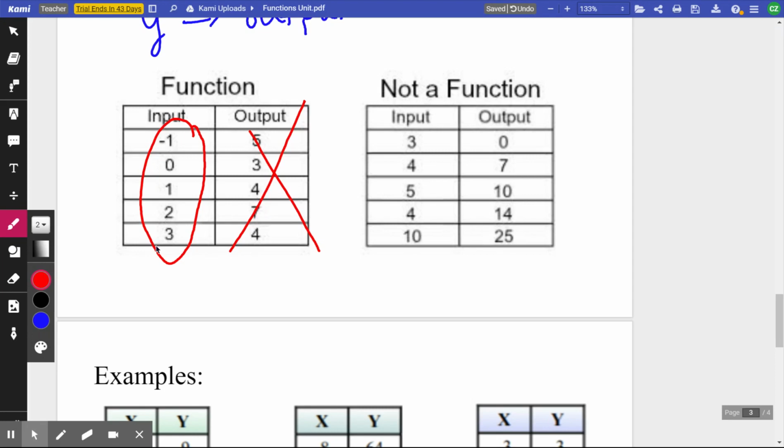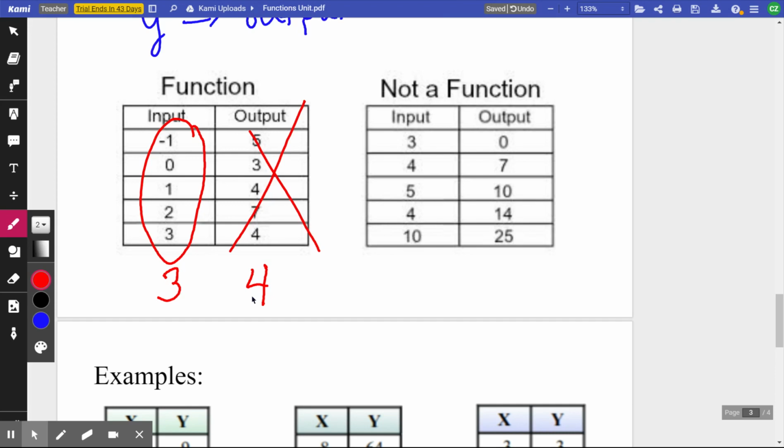Okay, if we did have, say, negative 1, 0, 1, 2, 3, well, what if I input 3 again? In order for this to be a function, it would have to give the same output as the previous row. So since this input of 3 gives an output of 4, if I were to input 3 again, it would still have to give me an output of 4 every single time to be a function.